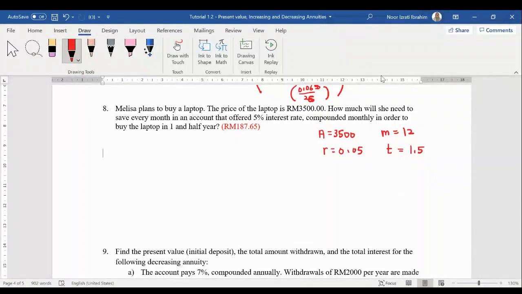So to find the amount of saving needed every month means to find the PMT value.